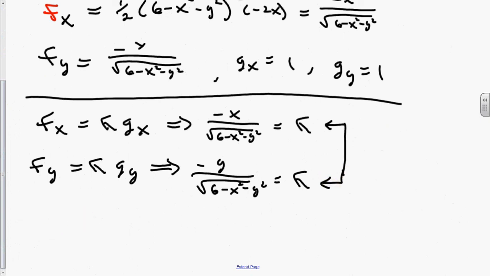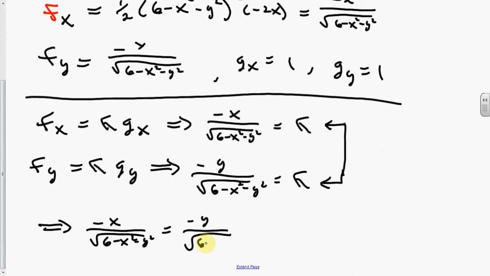So negative x over the square root of 6 minus x squared minus y squared is equal to negative y over the square root of 6 minus x squared minus y squared. And doesn't that imply that x is equal to y? Multiply both sides by that denominator, you get negative x equal to negative y, x equal to y.